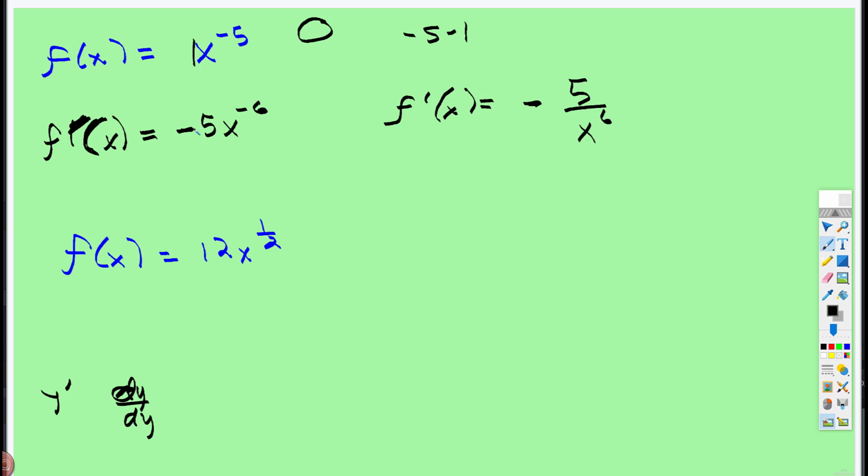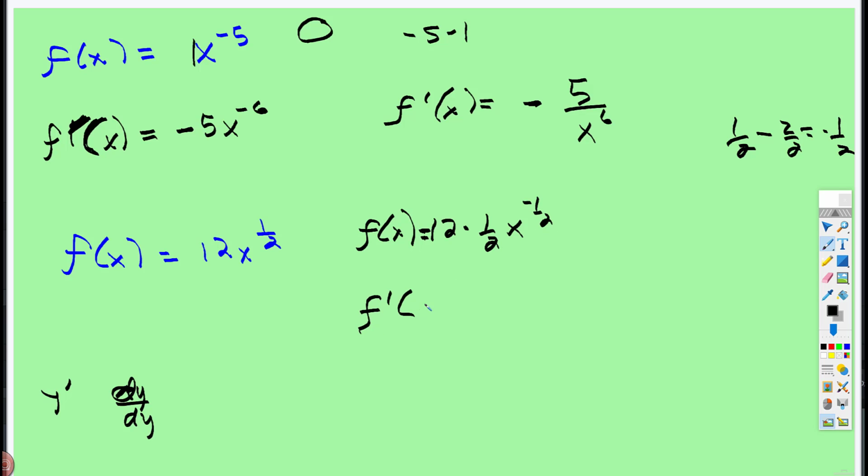Okay, now we have a fractional exponent. We still do the same thing, so f prime of x, we're going to leave the 12 out front, equals, we're going to multiply it by that 1/2, and then 1/2 subtract 1, well 1 is 2 over 2, so that equals -1/2.